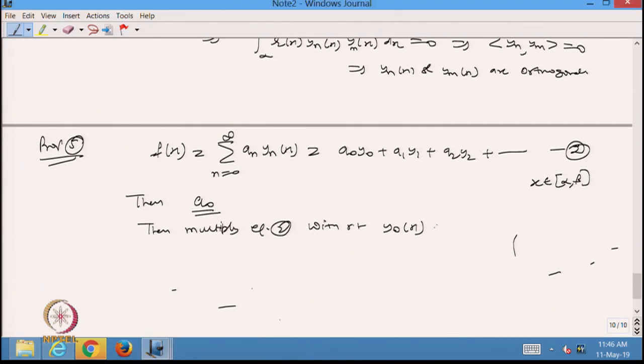And then integrate over the interval alpha to beta.